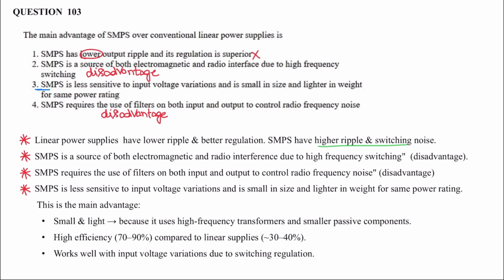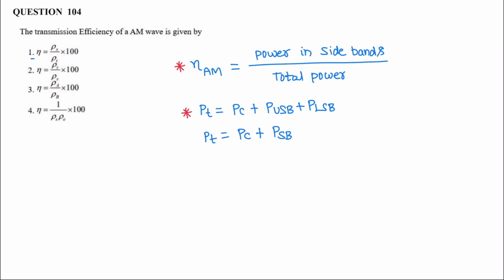The advantages of SMPS are small, lightweight, high efficiency, works well with the input voltage variations due to switching regulation. These three are the advantages of SMPS. Next question. The transmission efficiency of amplitude modulated wave is given by.